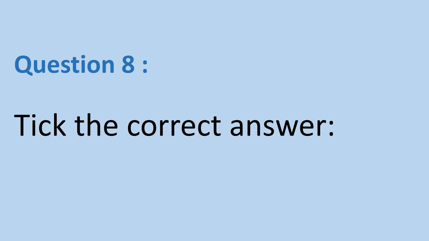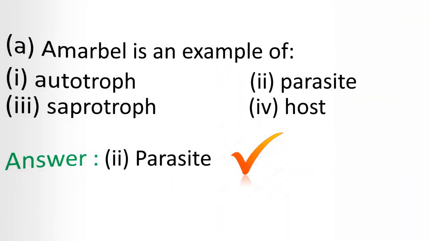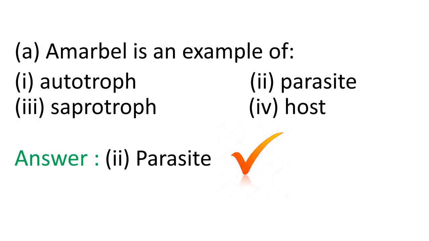Question number 8. Tick the correct answer. Let's start with A. Amar bale is an example of option 1, autotroph, option 2, parasite, option 3, saprotroph, option 4, host. Yes, Amar bale or cuscuta is an example of option 2, parasite.